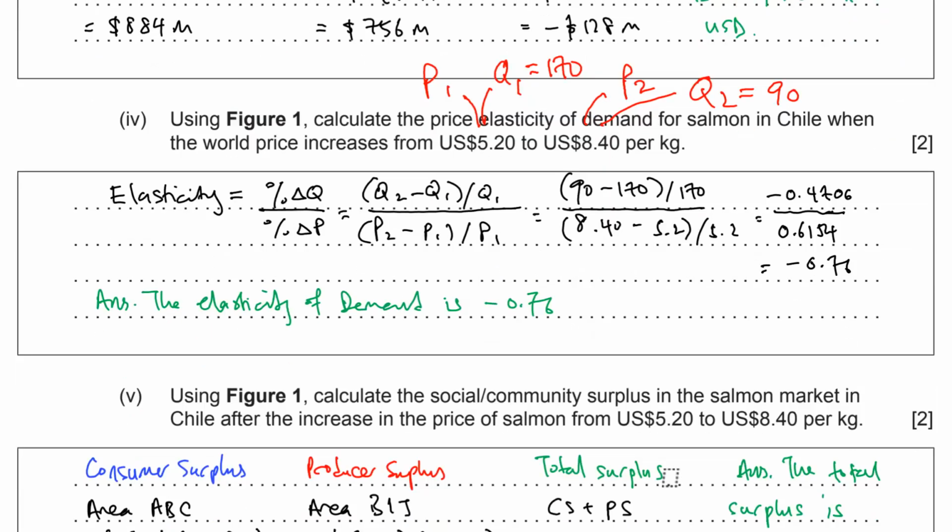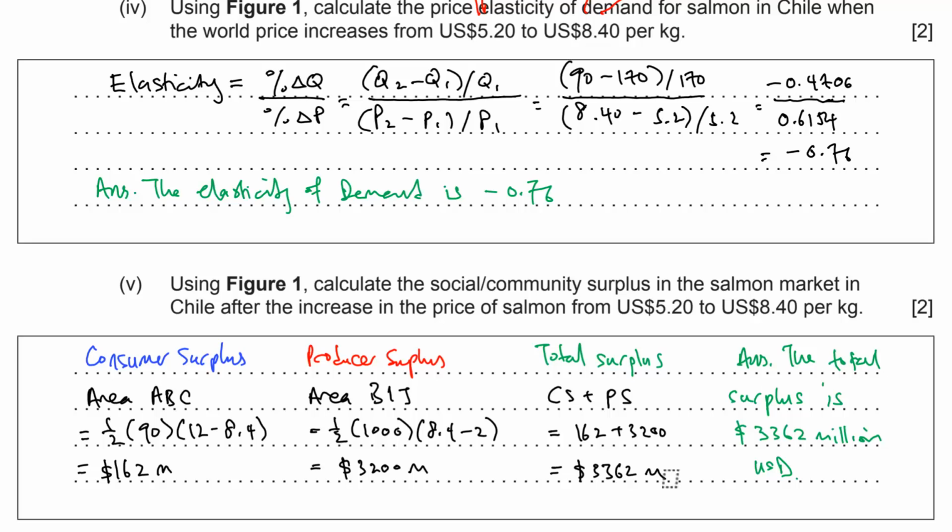Okay, let's move on to the next bit, part 5. Using figure 1, calculate the social/community surplus in the salmon market in Chile after the increase in the price of salmon from US $5.20 to US $8.40 per kilo. So we have to do the total surplus.